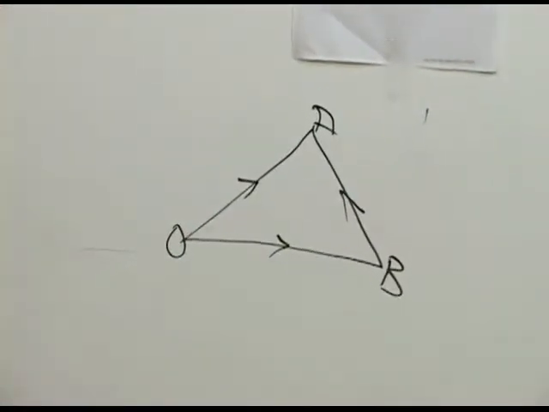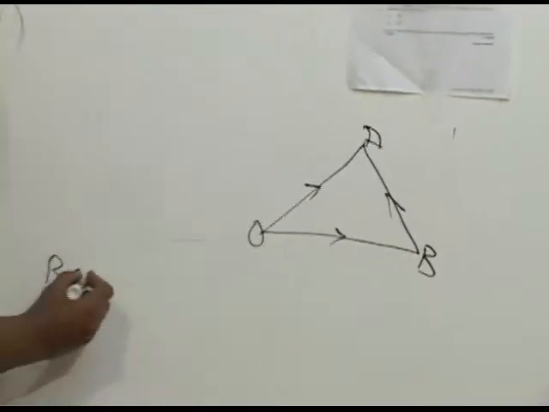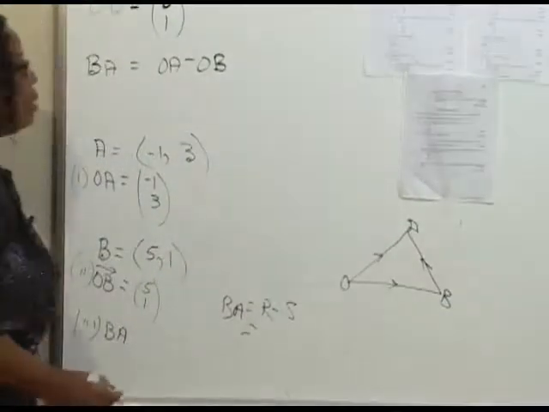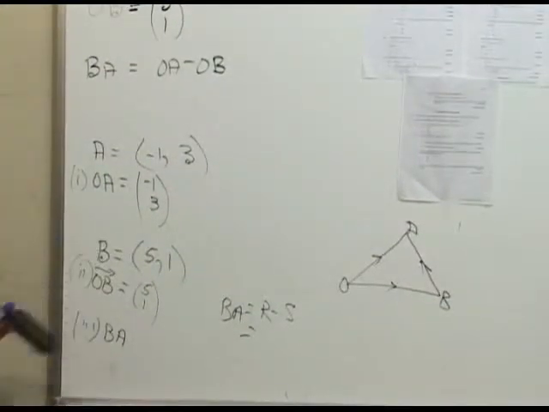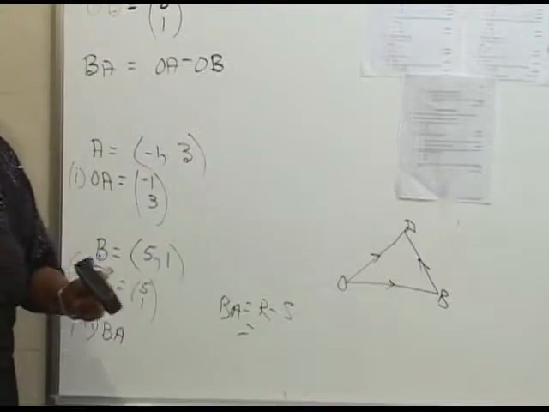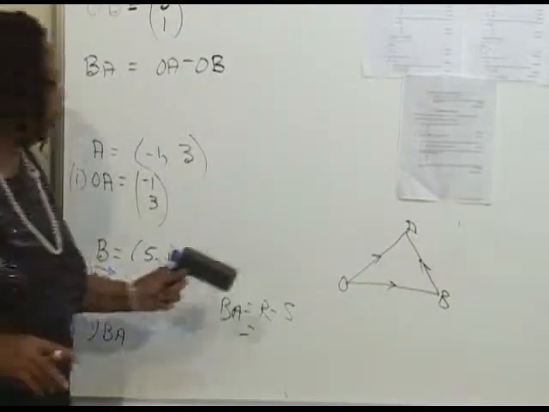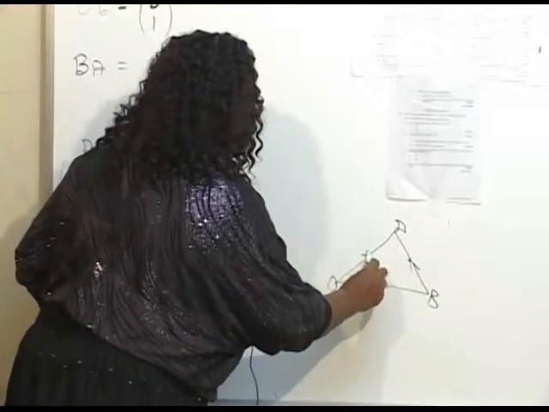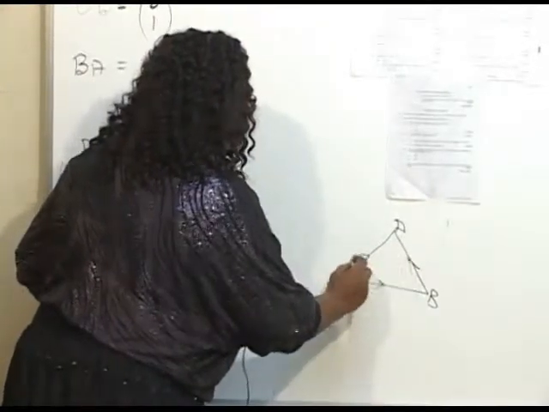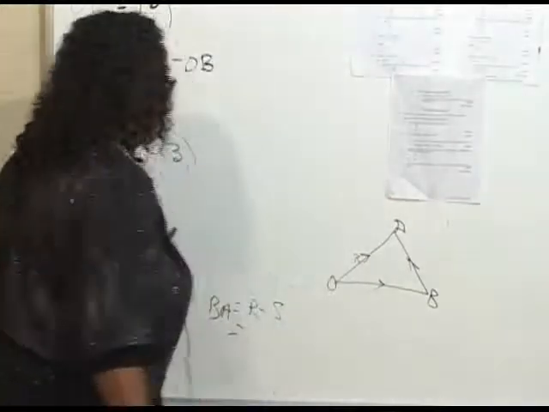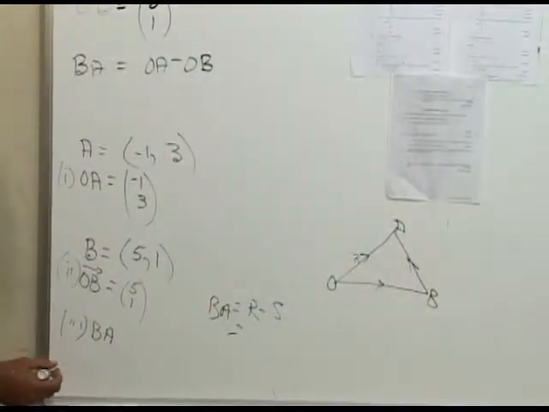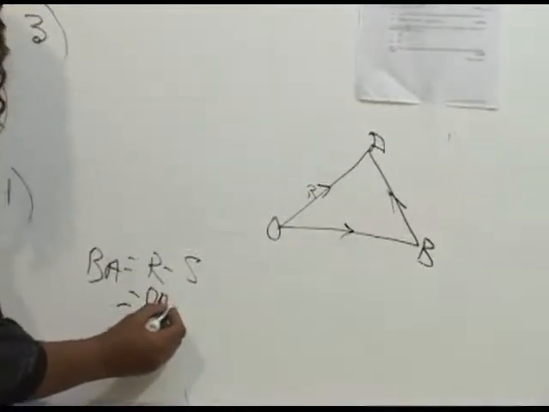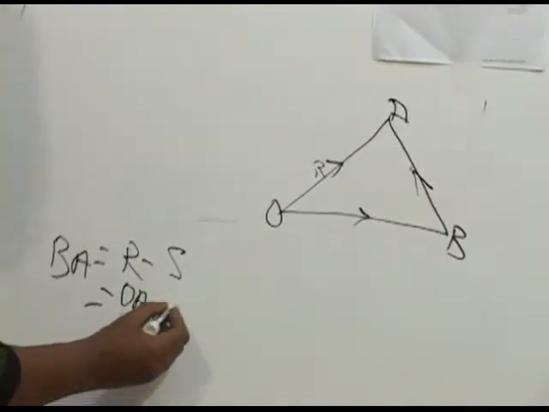So we're going to write that BA would have been equal to the resultant minus the other side. What is the resultant on this triangle? And again, we look for the other arrows which are coming in the opposite direction. So if these arrows are going in this direction, and this one is coming to hit nose to nose, we know then that this has to be the resultant. Okay? So that the resultant would be equal to OA, and it is minus OB.